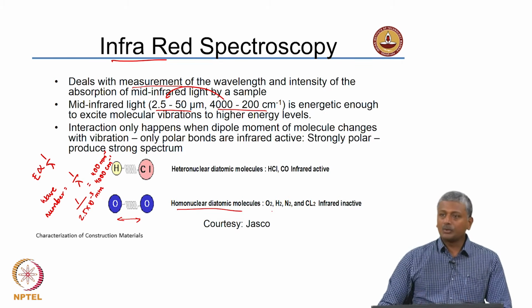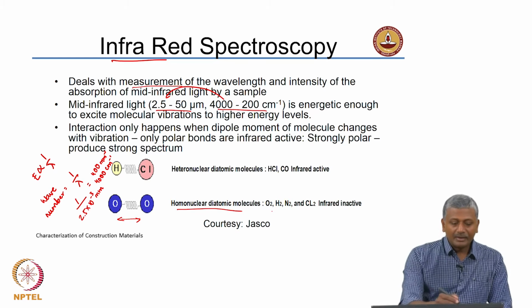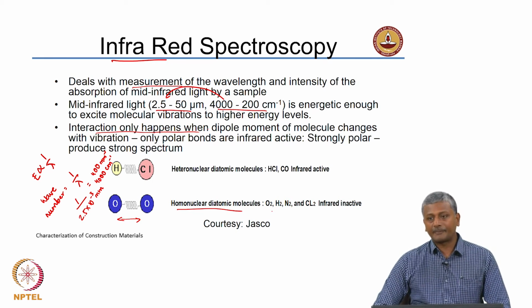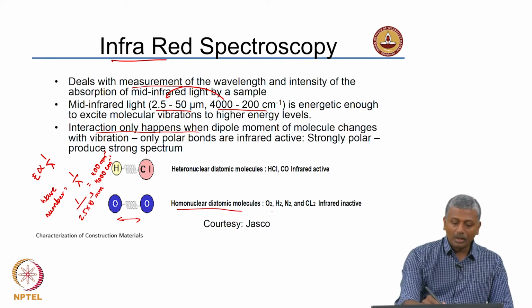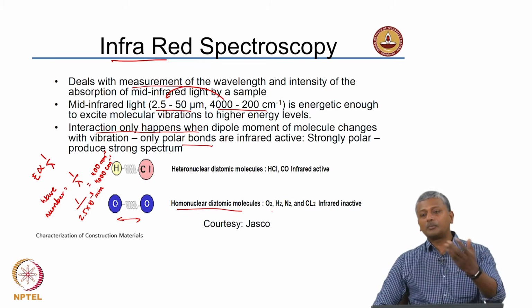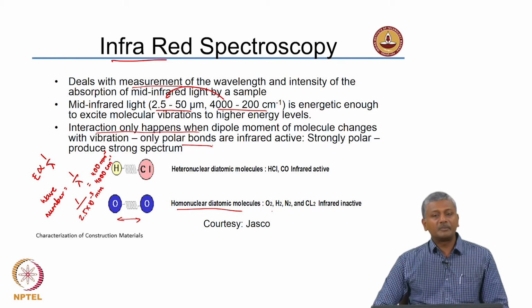Interaction only happens when dipole moment of the molecule changes with vibration. Only polar bonds are infrared active, and the stronger the polarity in the system, the stronger will be the infrared spectrum that is produced by these materials.